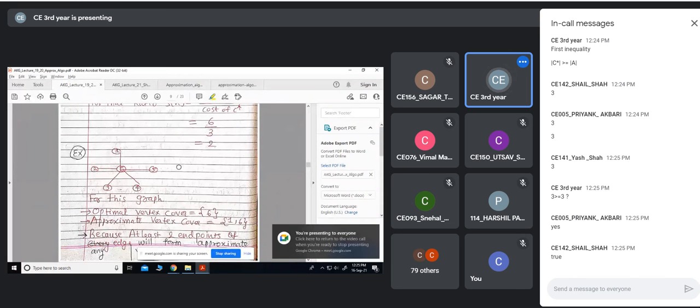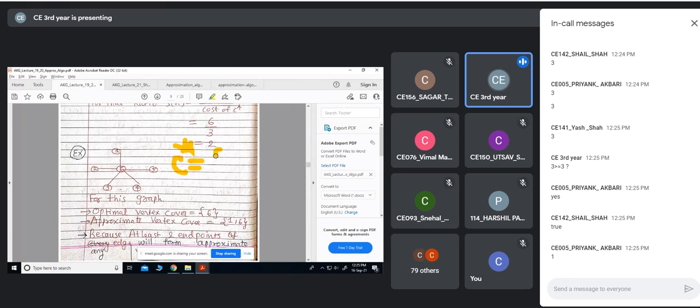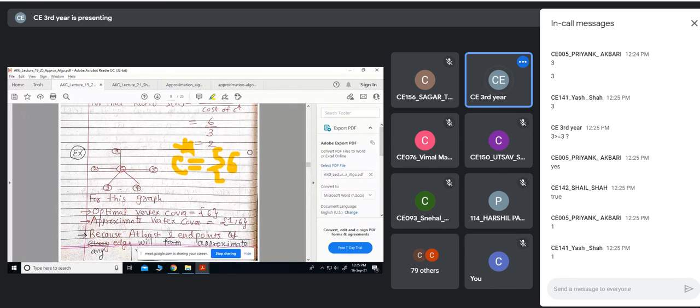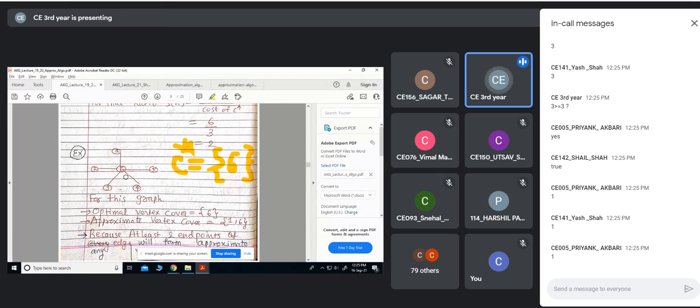In this one, what is C star? C star is just one vertex, 6. And how many edges are selected? Only one edge would be selected.